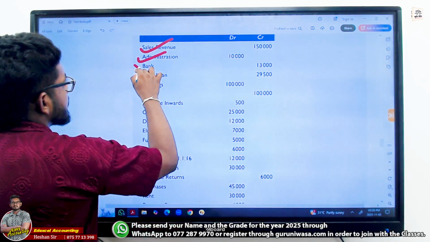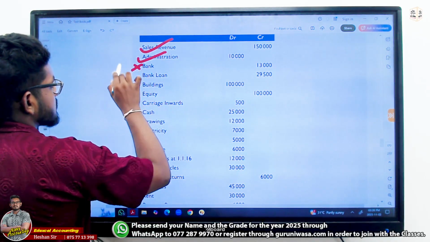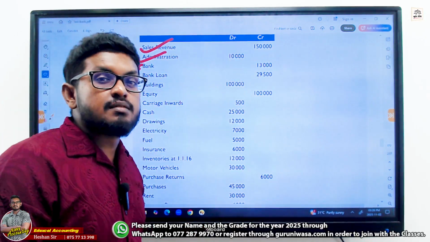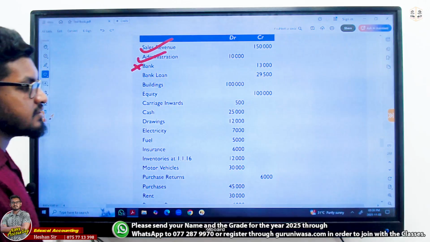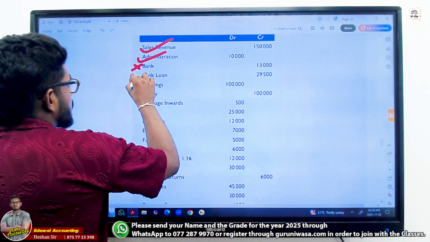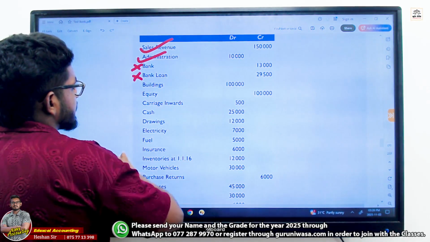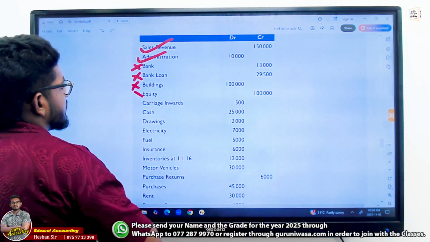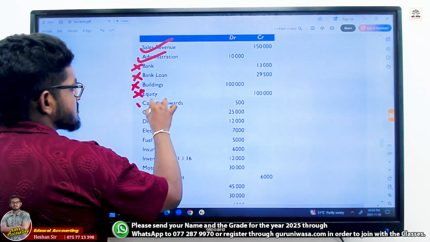Bank credit we are not taking, because a bank balance is an asset, but a credit balance means it's a bank overdraft, which is a liability. Bank loan is also a liability, we are not taking. Building, assets, we are not taking. Equity not taking. Carriage inwards 500.